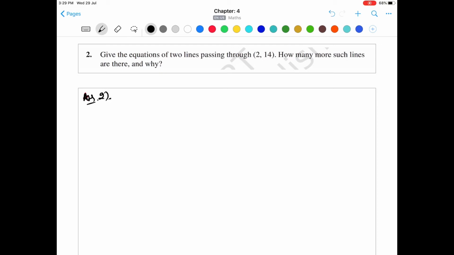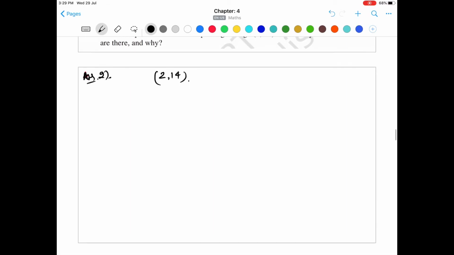The point given to us is 2 and 14. Now we have to find the equations of two lines passing through this point. So we need two equations here. The first one is simple, like we did in the previous one.